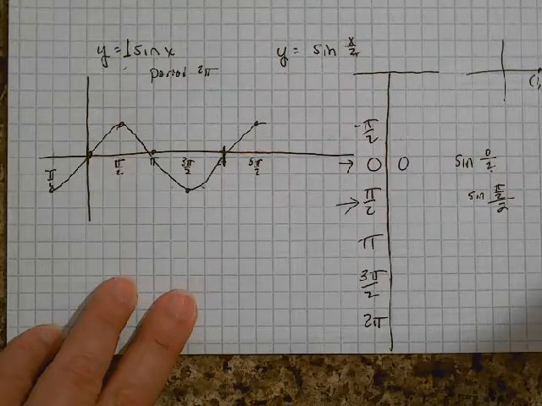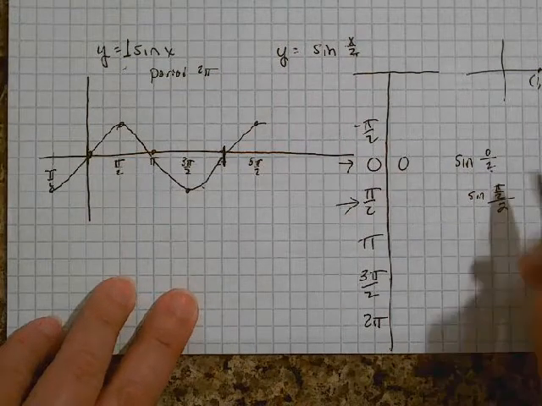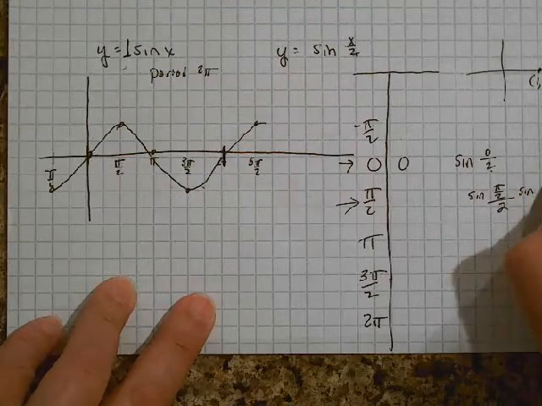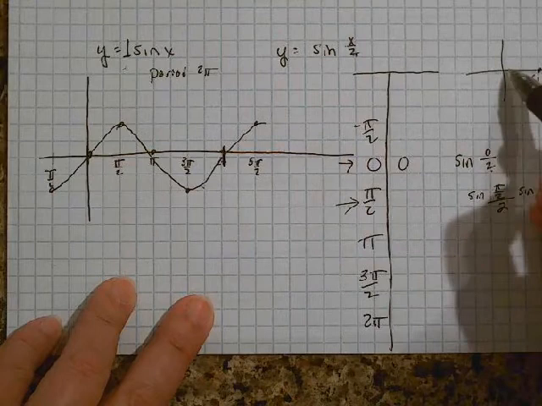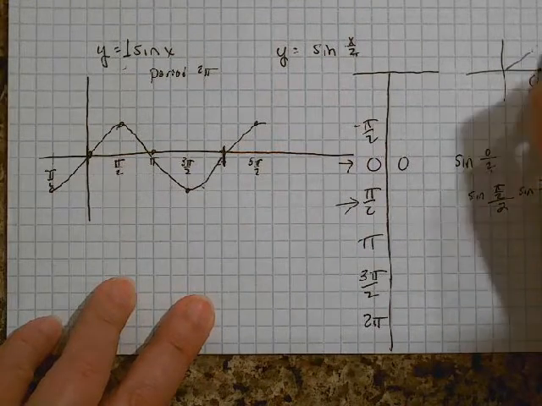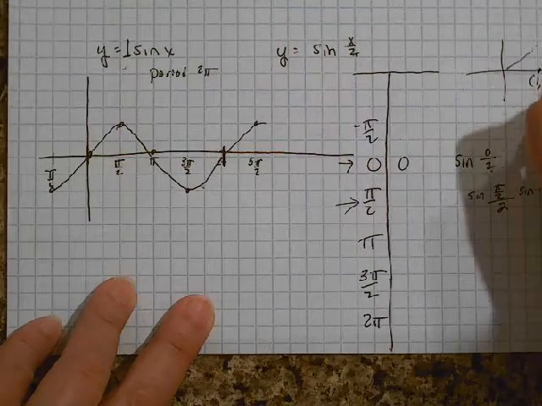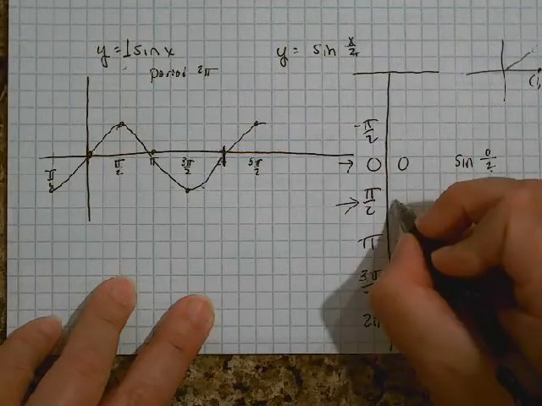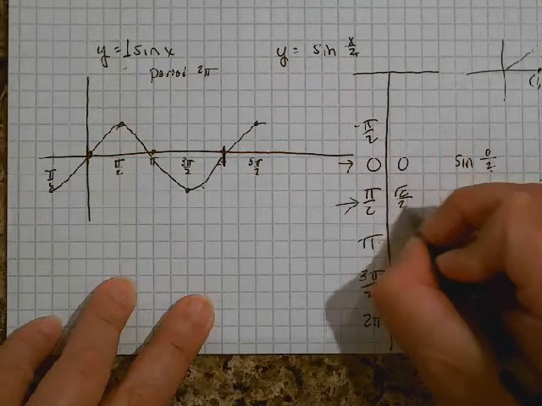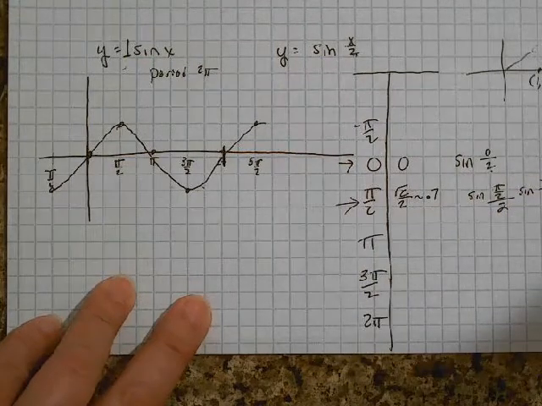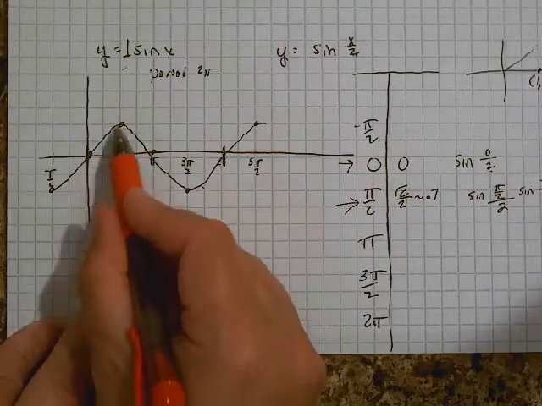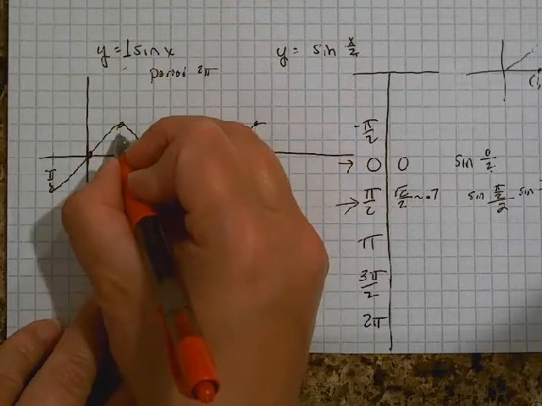So I've got pi divided by 2, which is really the same thing as sine of pi over 4. So if I think about my unit circle, that's going to happen right here. And sine at that spot is square root of 2 over 2, which is approximately 0.7. So when I go over to pi over 2 this time, it doesn't go all the way up to 1. It just goes up to about 0.7.